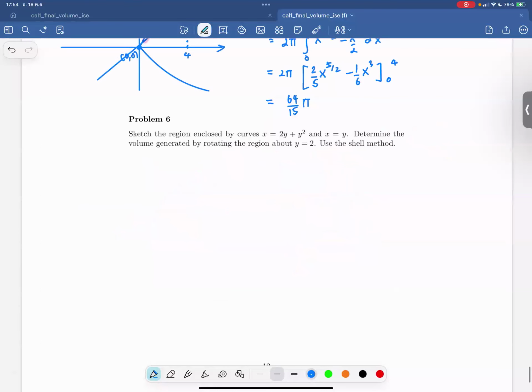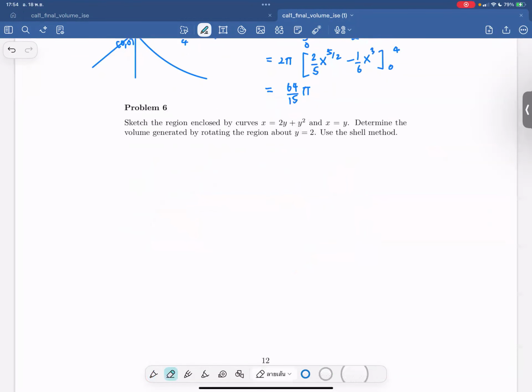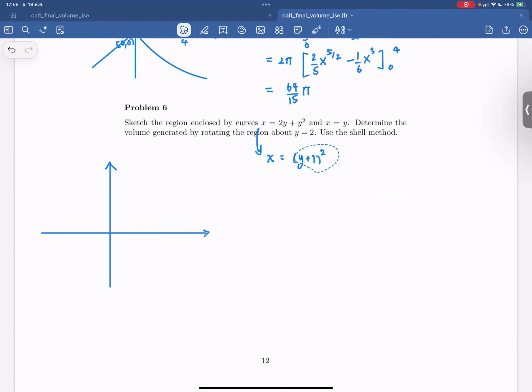So we move to our last problem. We first get the region, one parabola and one linear function. For the parabola here, I will complete the square so we get the vertex. We have y squared plus 2y.